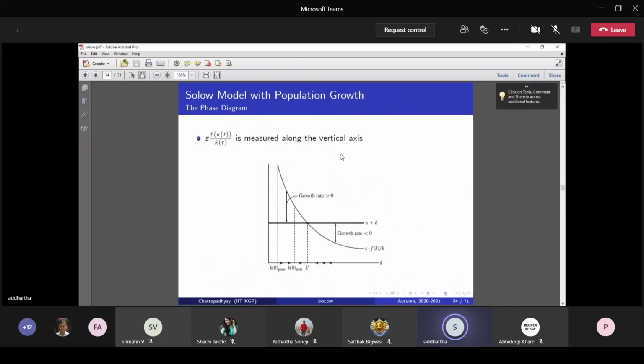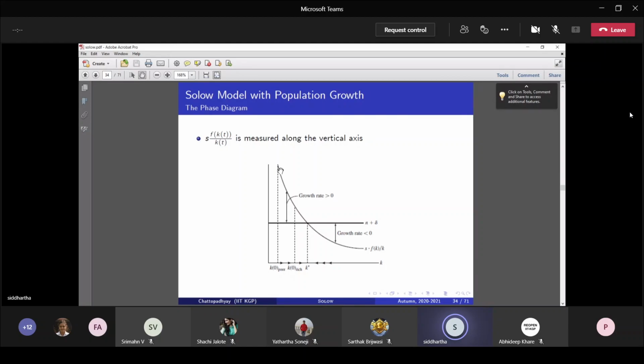And we're analyzing a poor country which has a very low per capita capital stock to start with. The rich country has a high initial per capita capital stock to start with. They are both out of the steady state. They're actually moving towards the steady state. During that, my graph shows the rate of growth of the per capita capital stock of the poor country is higher than that of the rich country.